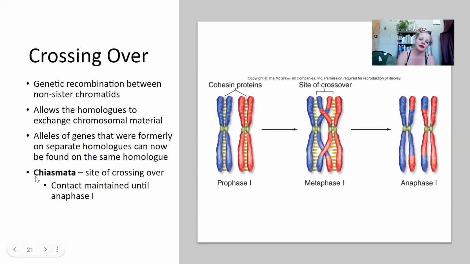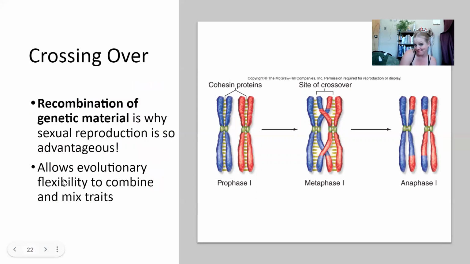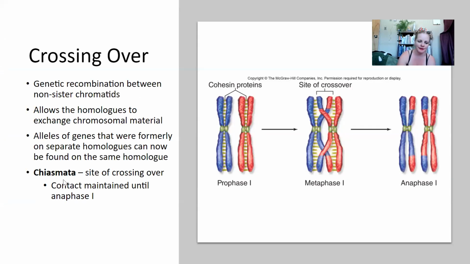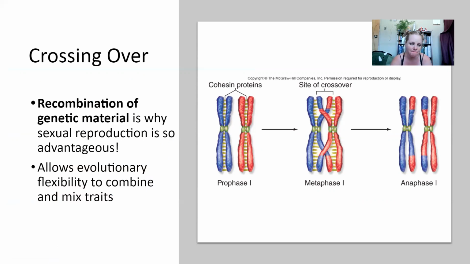The site of crossing over is the chiasmata. So the $10 science word is chiasmata, where we actually see this little swappy doodle of our genetic material. There's one of our sources of genetic variation.